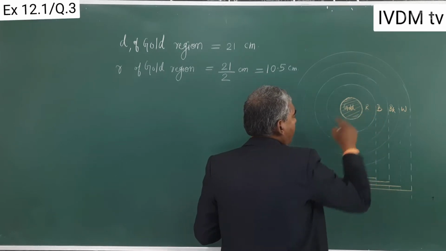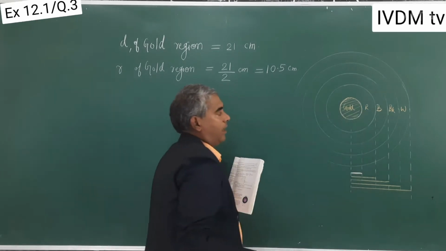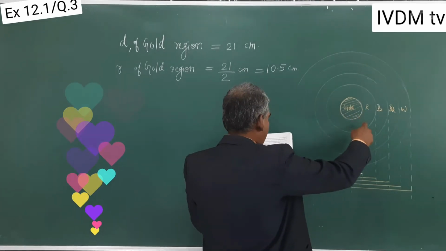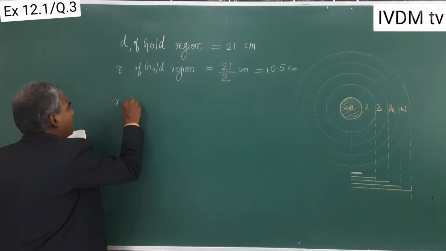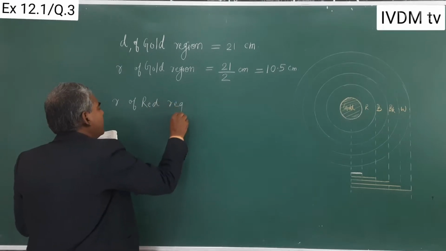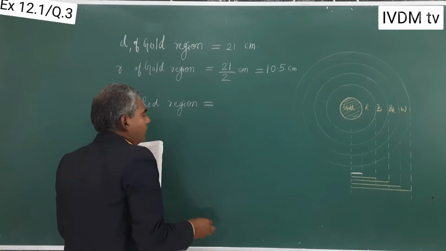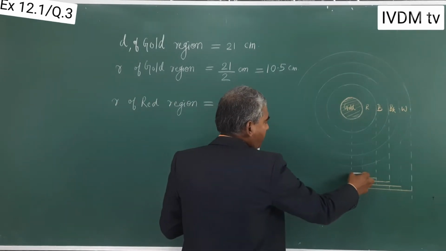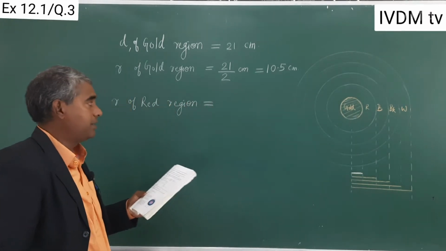Means gold radius, and after that radius of the red region is equal to the second one. This is 10.5, then again 10.5, because the width is 10.5 centimeter.